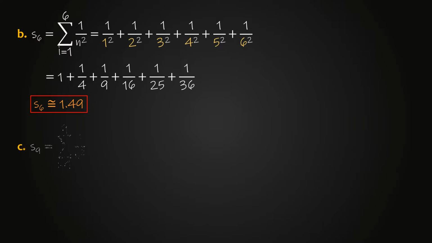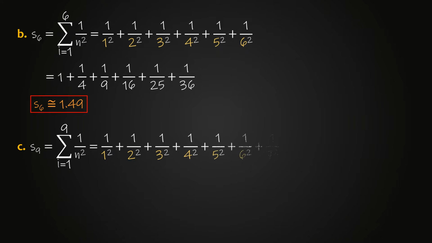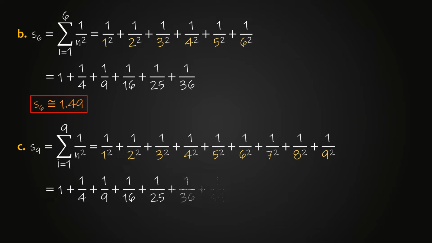C. The ninth partial sum is the sum of the first 9 terms of the series. Hence, the ninth partial sum is approximately equal to 1.54.